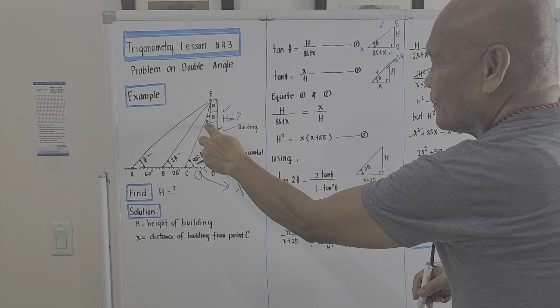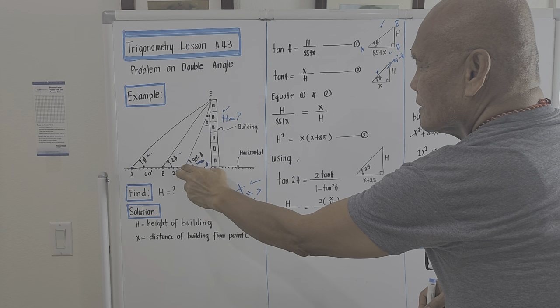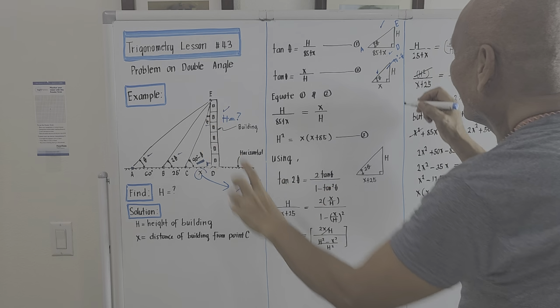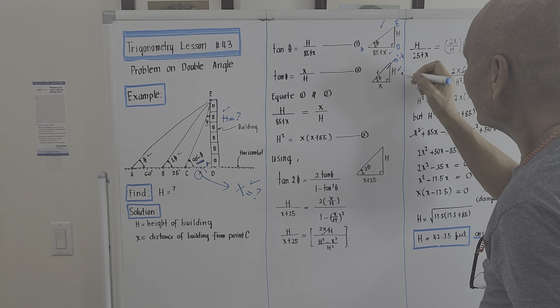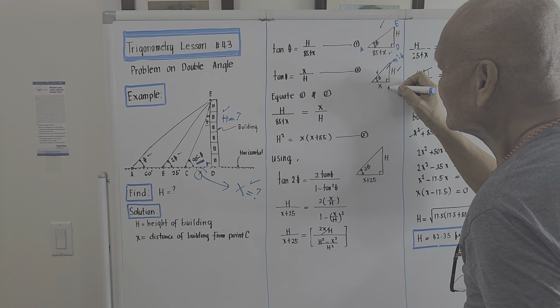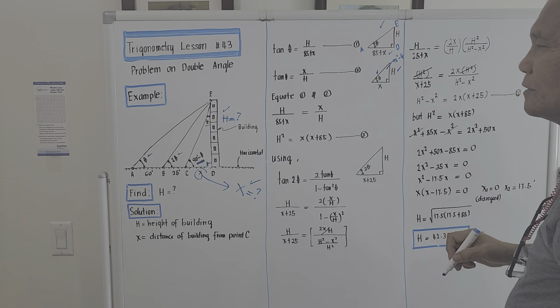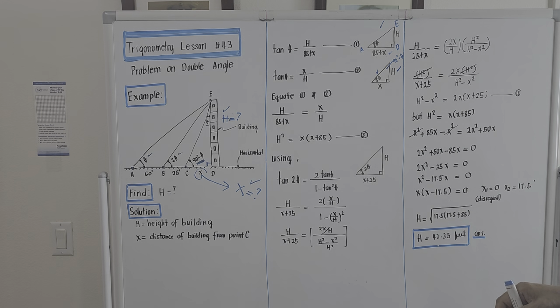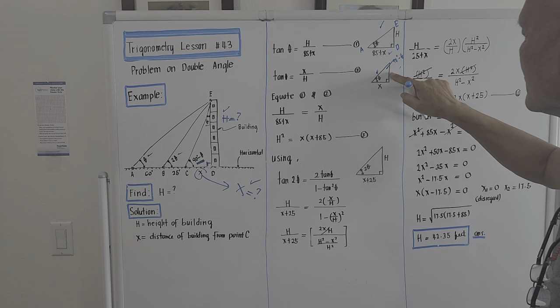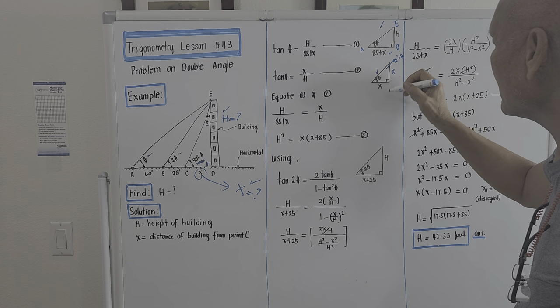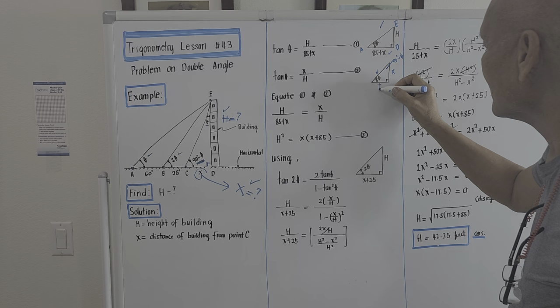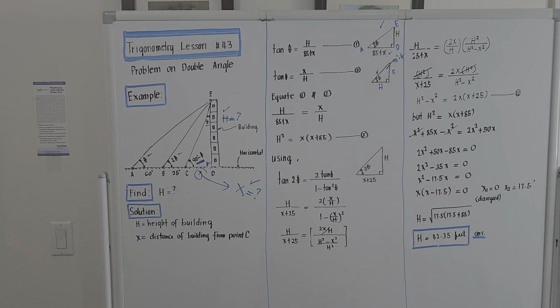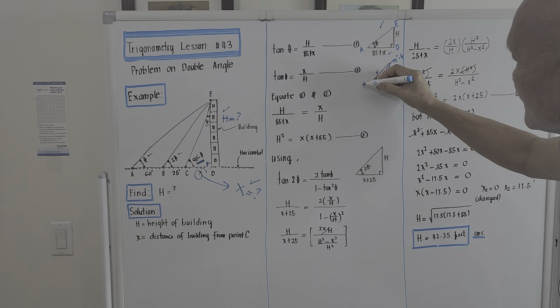So considering theta, the opposite side is h, and the adjacent side is x. Is it correct? Oh, sorry for this one. They should be x, and this is h. Right. Okay? Because this is actually point E. Point E.